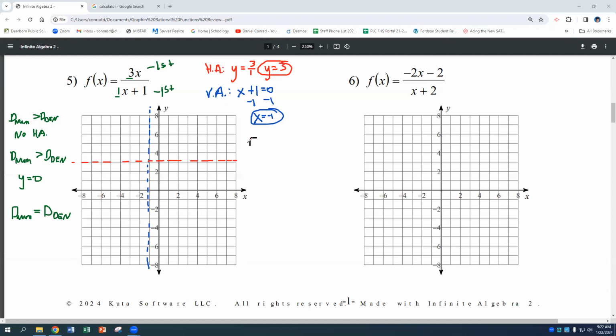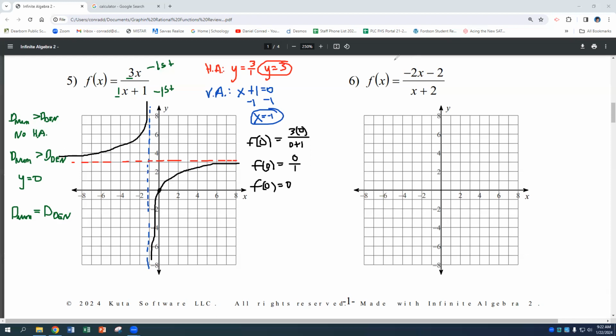So again, I like to use 0. That gives me 3 times 0 over 0 plus 1, which gives me 0 over 1, which is 0. So I have the point 0, 0, which means we're going to be right here and right here in the bottom right and upper left.